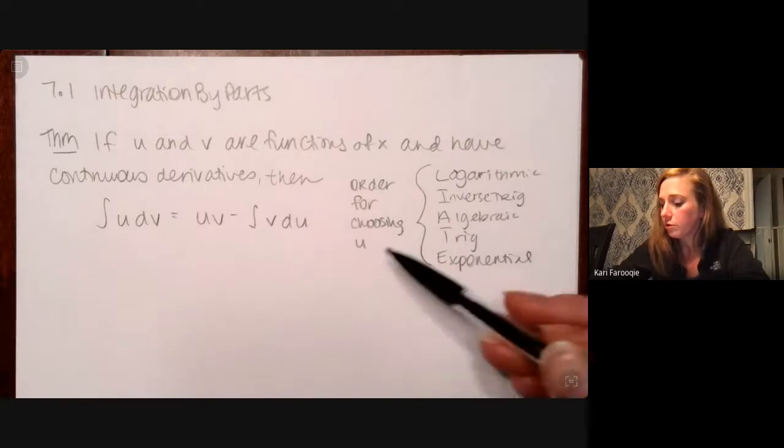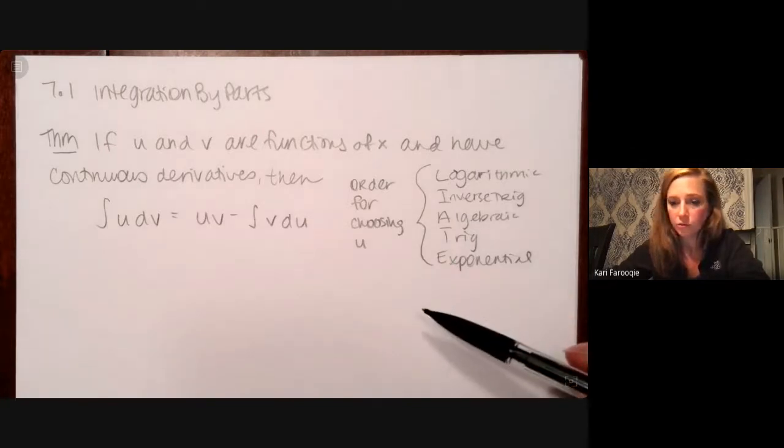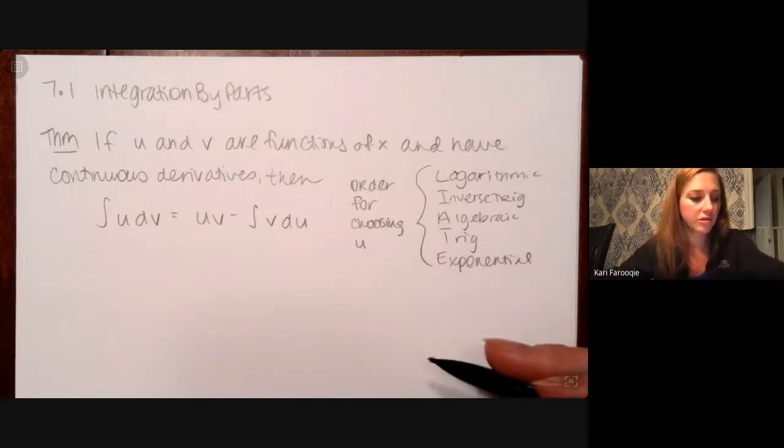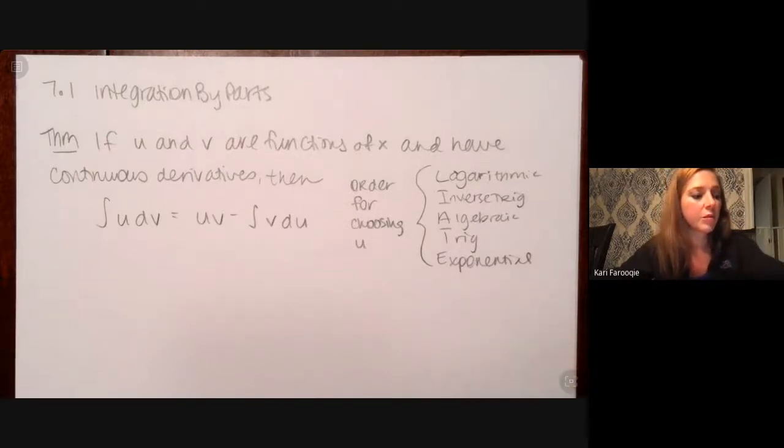What we're looking for in choosing u is derivatives that are eventually going to terminate. And like I said, you're going to see this as we work through the example. But really, dv should be the most complicated portion, and u should be the portion whose derivative is the simpler function.